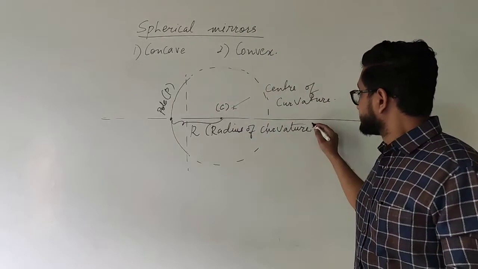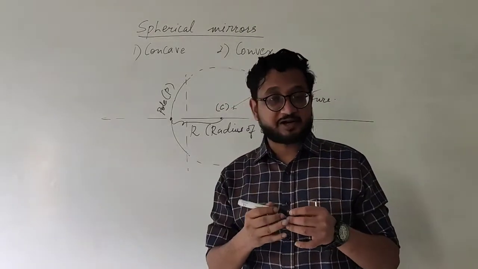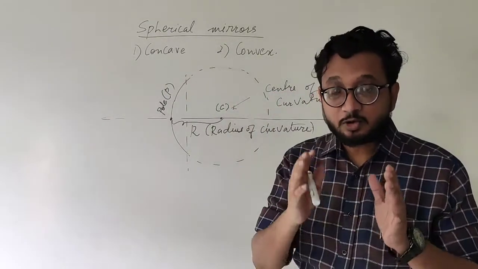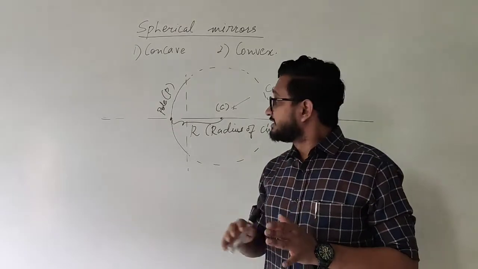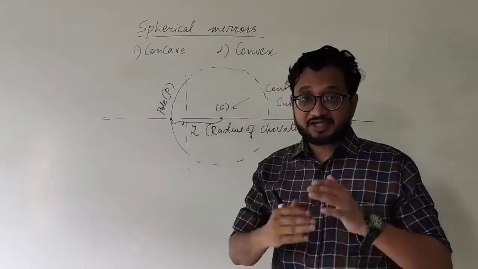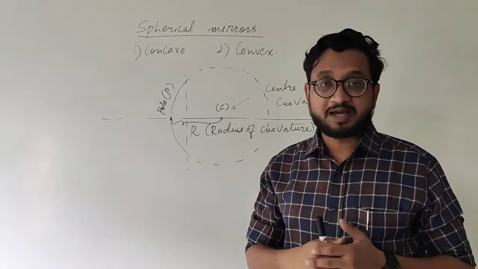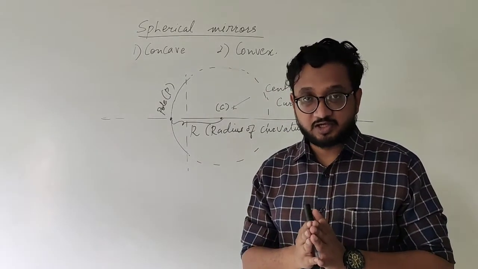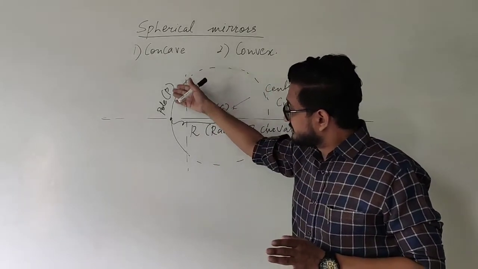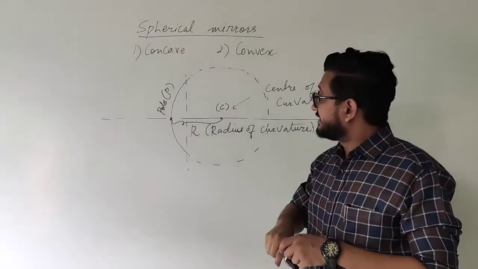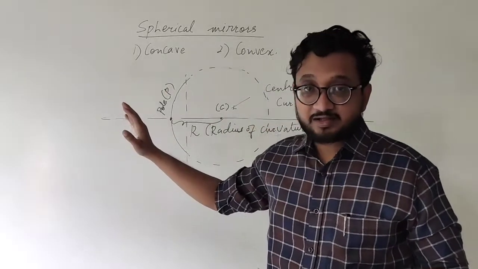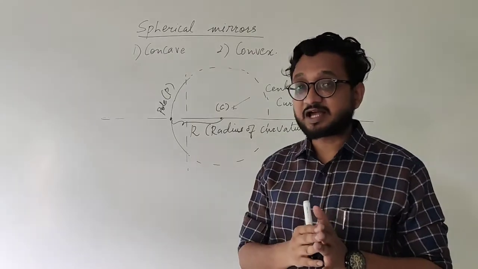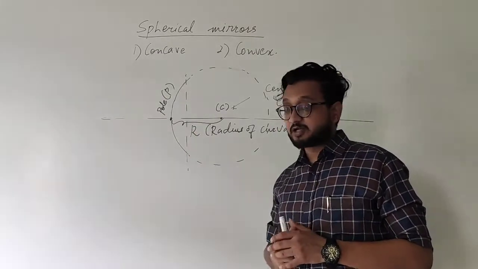Okay students, let's recall what we have studied. Spherical mirrors, concave and convex, are called spherical because they are designed in such a way that they seem to be a part of an imaginary sphere. If the shiny surface is outside, it is a convex mirror, and if the shiny surface is curved inside, it is called a concave mirror.